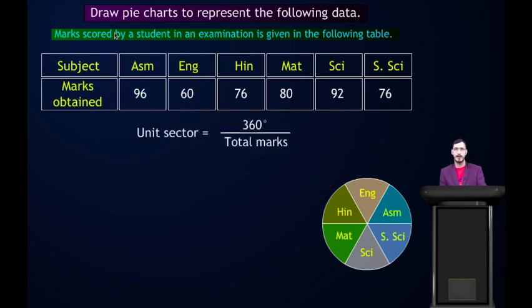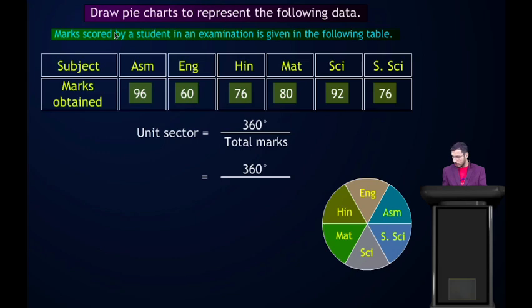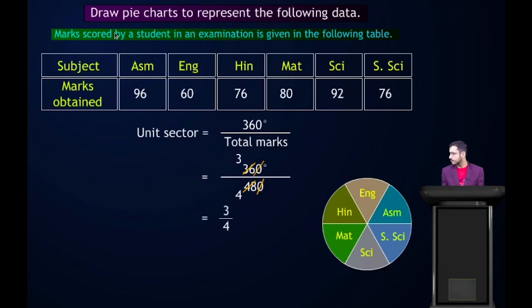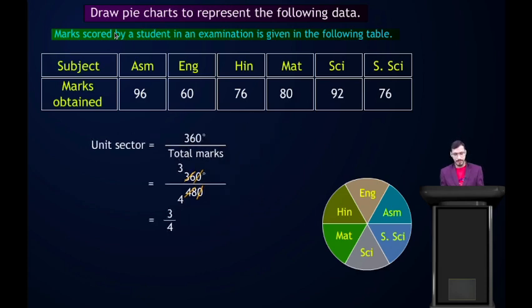Here we find the unit sector. The formula of unit sector, yes, correct, is 360 degree by total marks. When we add all the marks, the total is 480. So 360 degree divided by 480. When we simplify it, we get unit sector equal to 3 by 4.